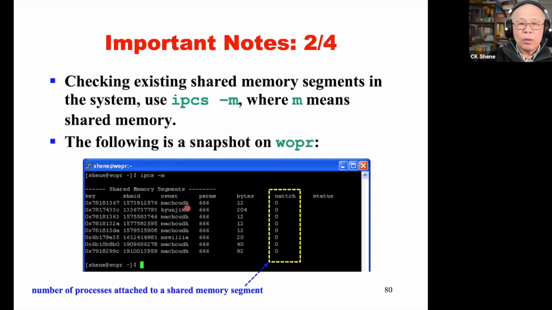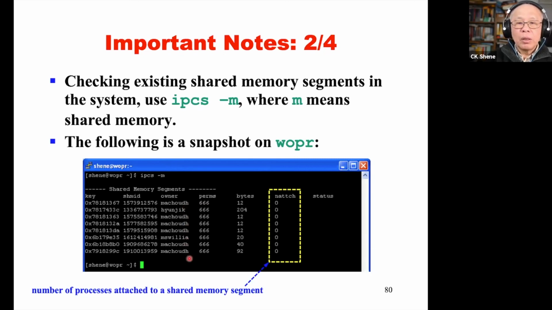So this one has how many shared memory segments left? 1, 2, 3, 4, 5, 6. Six. And this one has 1, and this one has 1.